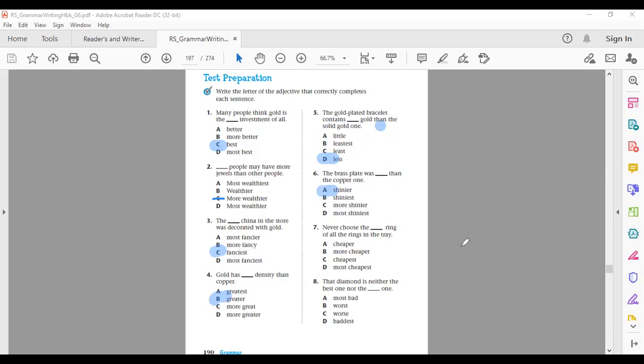Never choose the ring of all the rings in the tray, the cheapest. Excellent. It will be C. And the last one, Malak. That diamond is neither the best one nor the worst one. Worst one. Excellent job. Very good.